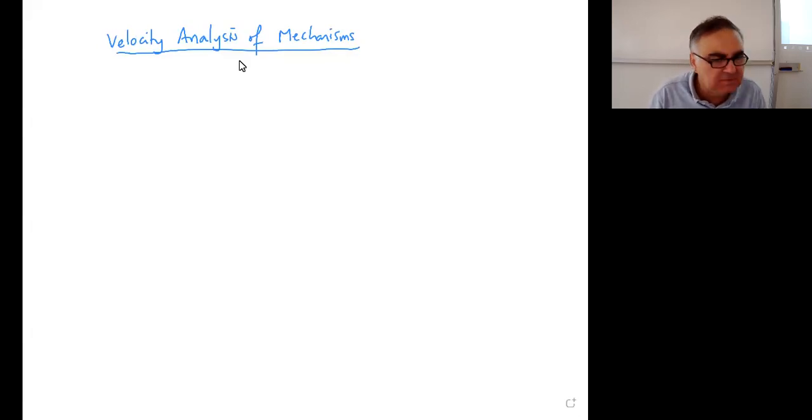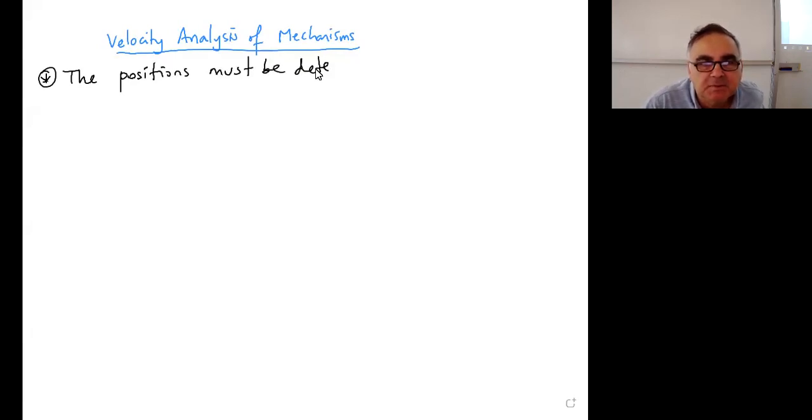So the first thing is that we will analyze the velocities of a mechanism. One thing that is very important is that the positions in the mechanism must be, let's say, determined beforehand.